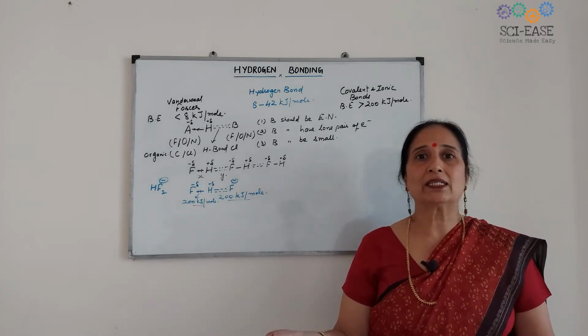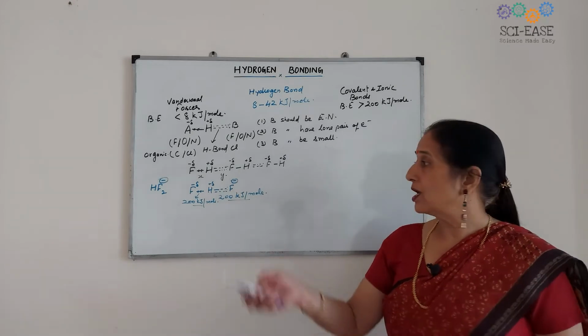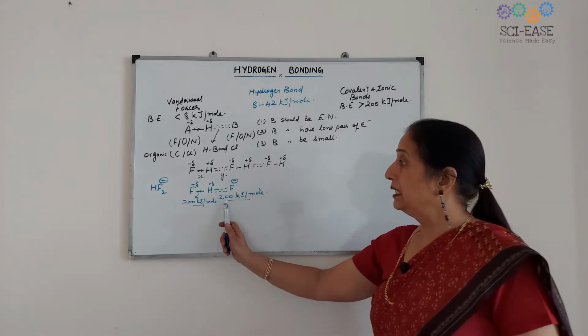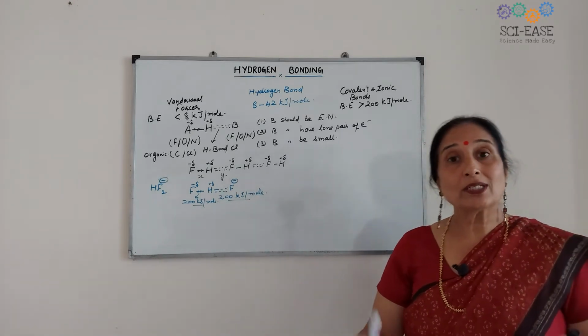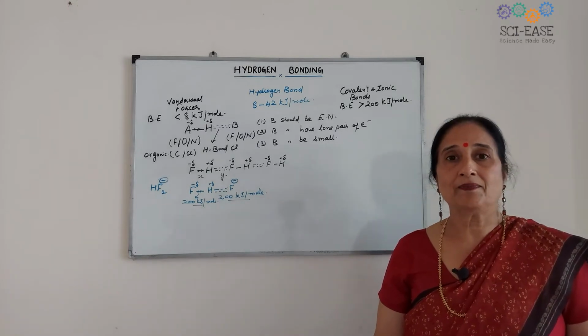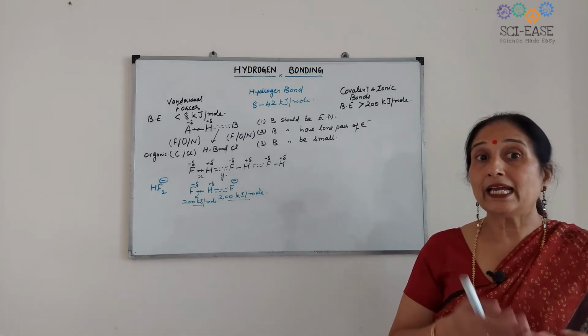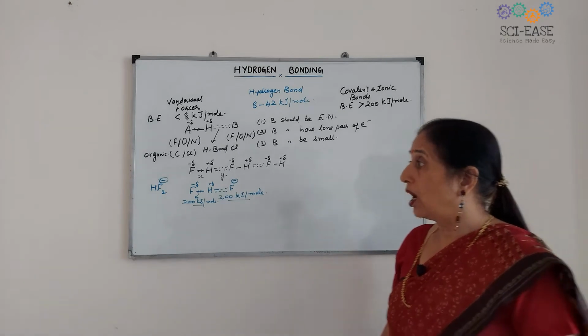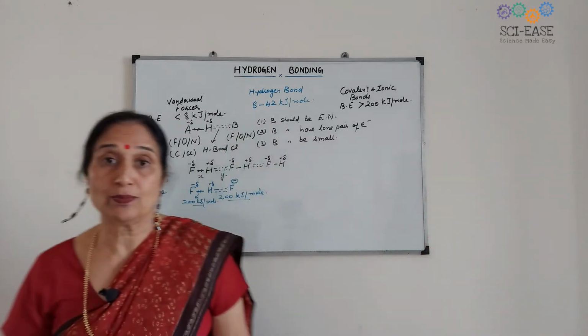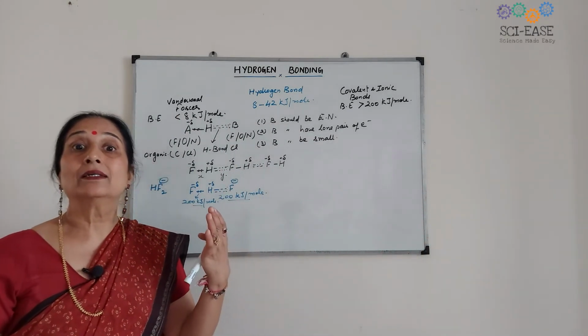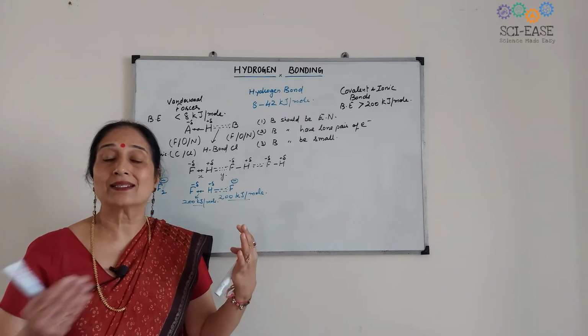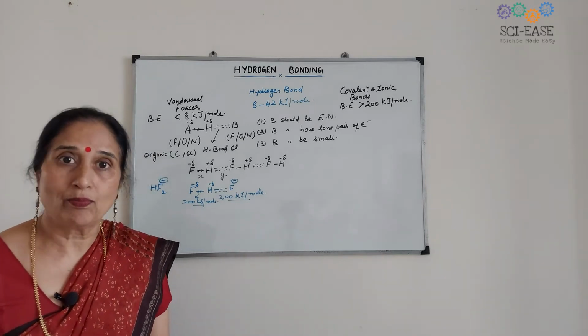In every subject there are exceptions, so you must learn this, because sometimes the question is asked that in case of HF2 negative, how does this hydrogen bond have the same bond energy as that of the covalent bond.